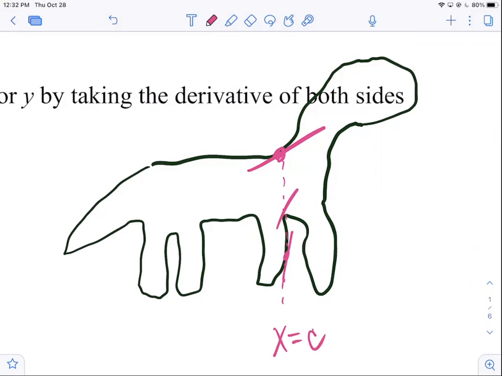So in order to pinpoint exactly where I want the slope of the tangent line, I would need not just the x value, but I would need the y value. I need the ordered pair. I need the point. And that's why implicitly you'll very often have x's and y's in your answer. You need an ordered pair because you can't solve for y in the beginning.